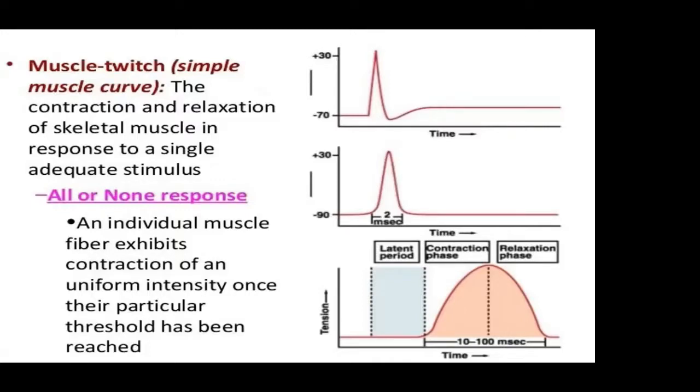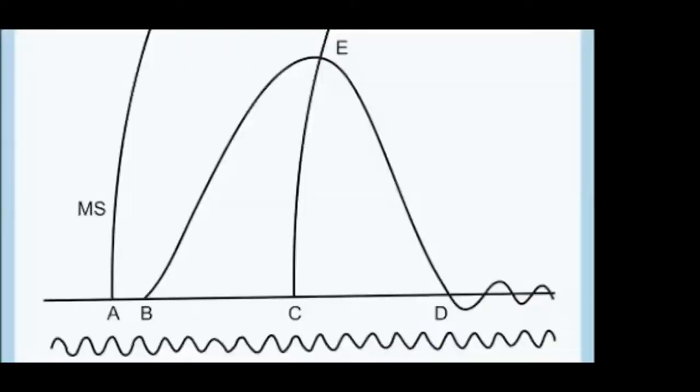But if the stimulus is subthreshold, then there is no response in the tissue. And in this diagram, you see that the contraction begins 2 milliseconds after the electrical response. So the mechanical response in the skeletal muscle begins 2 milliseconds after the electrical response. Why is it like that?